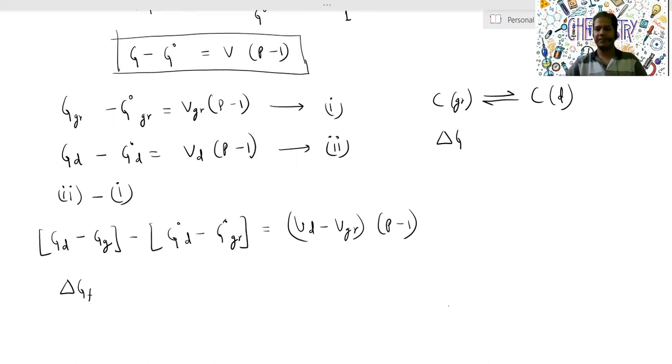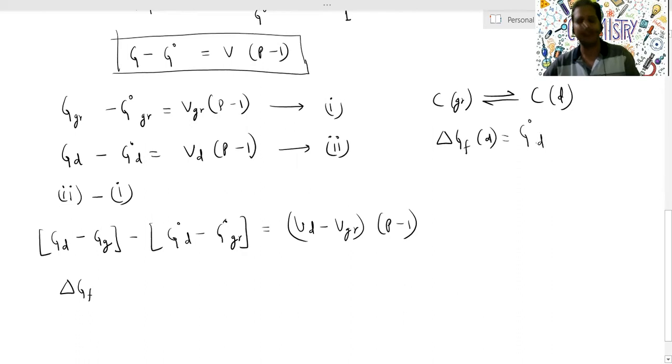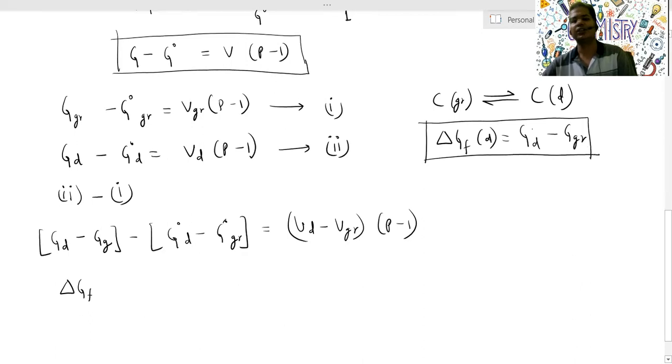For this conversion, delta G formation of diamond is equal to Gibbs energy of diamond minus Gibbs energy of graphite. So we can get to this result from this reaction. We'll be using this result.